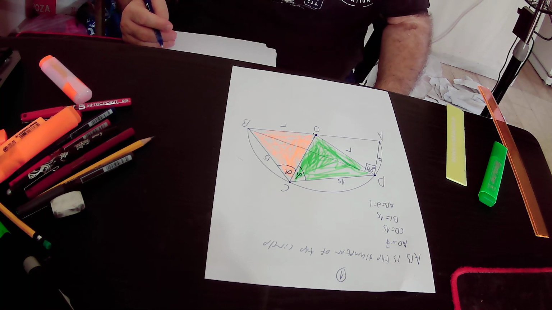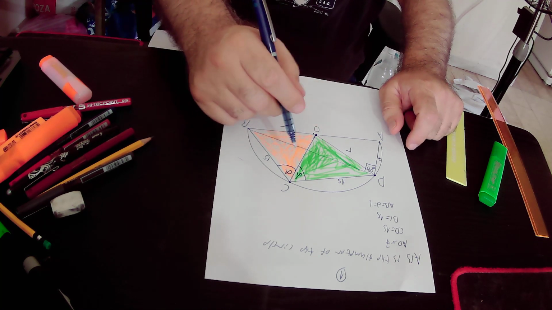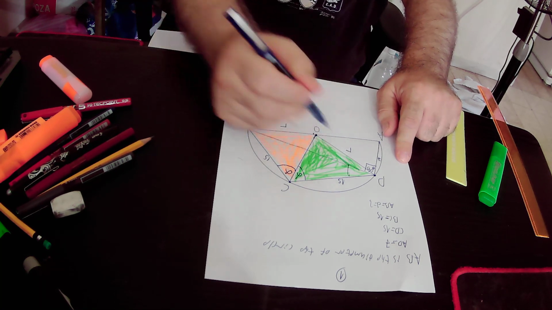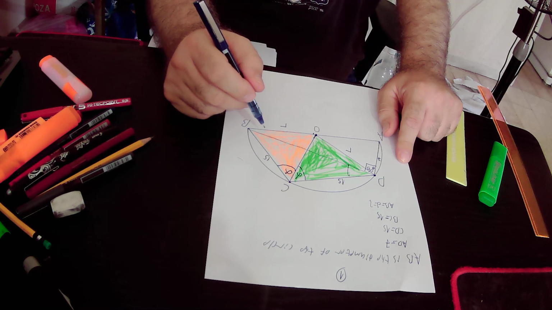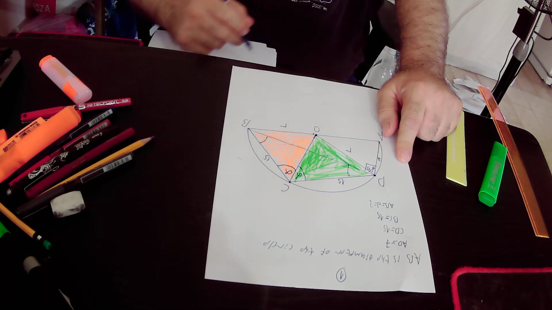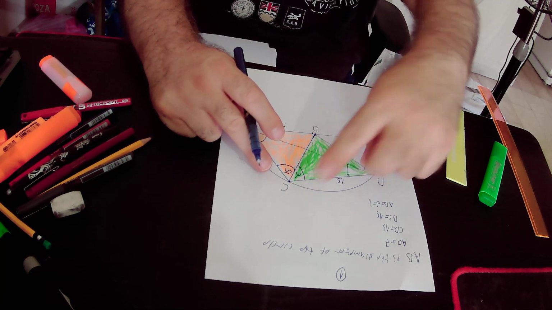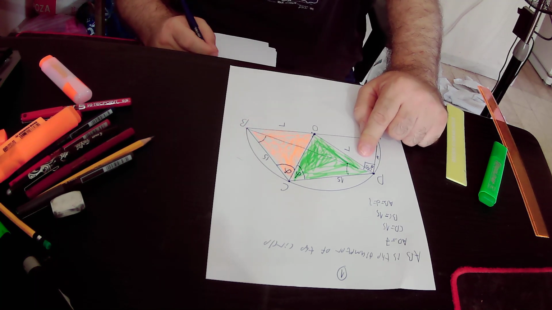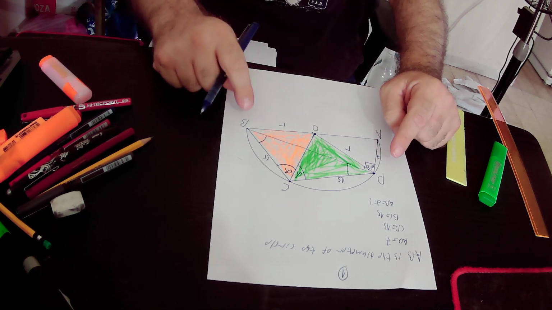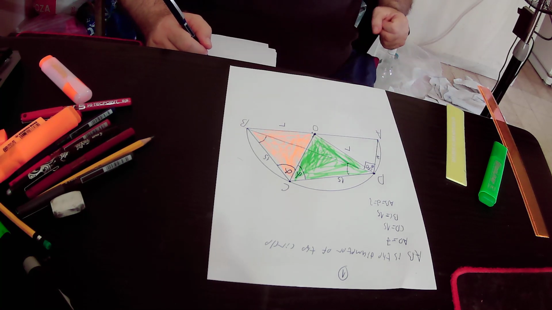Therefore, angle BDC equals angle DBC. Again, from the fact that those two sides are equal to each other, we can deduce that angle BDC equals angle DBC according to rule number 2.